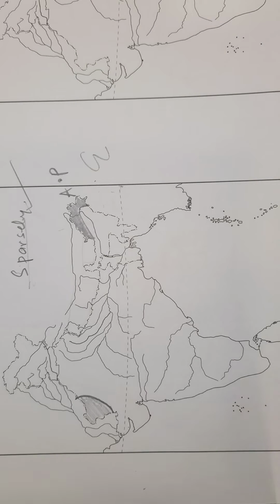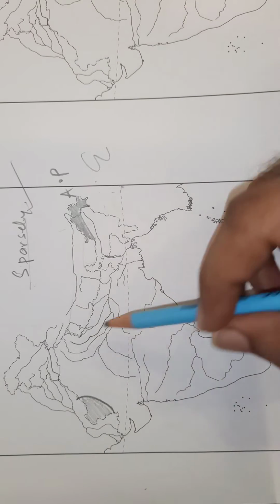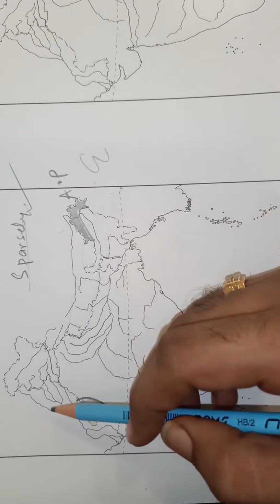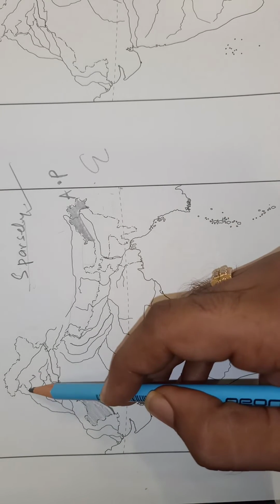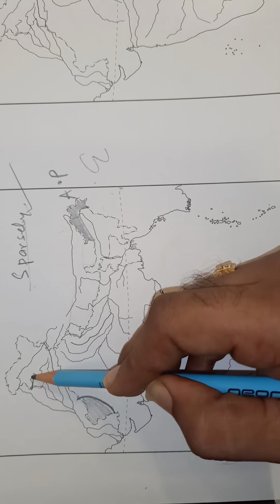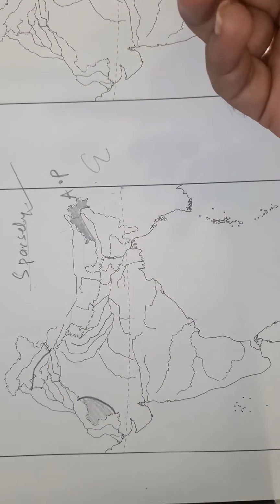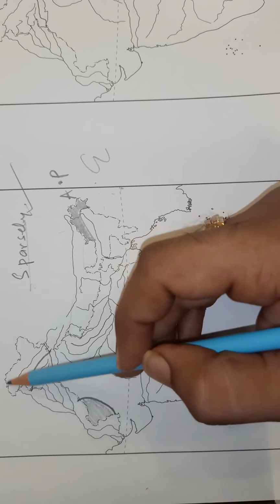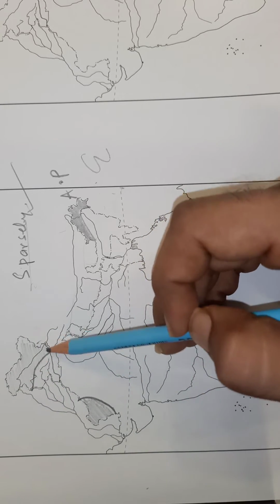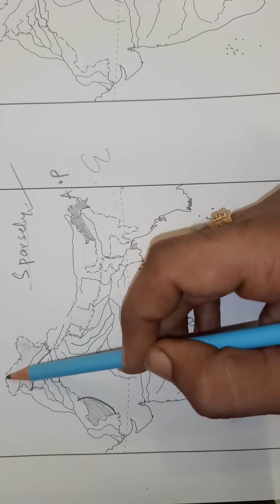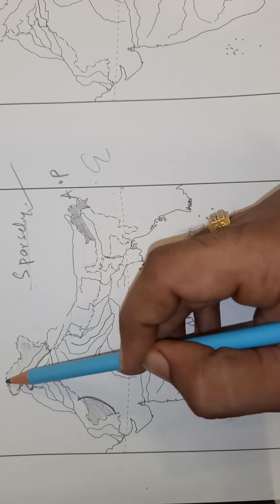Next is the sparsely populated region in the north. That is Jammu and Kashmir. You can see this line. From there you have to start and come a little bit down. So this full area is Jammu and Kashmir.